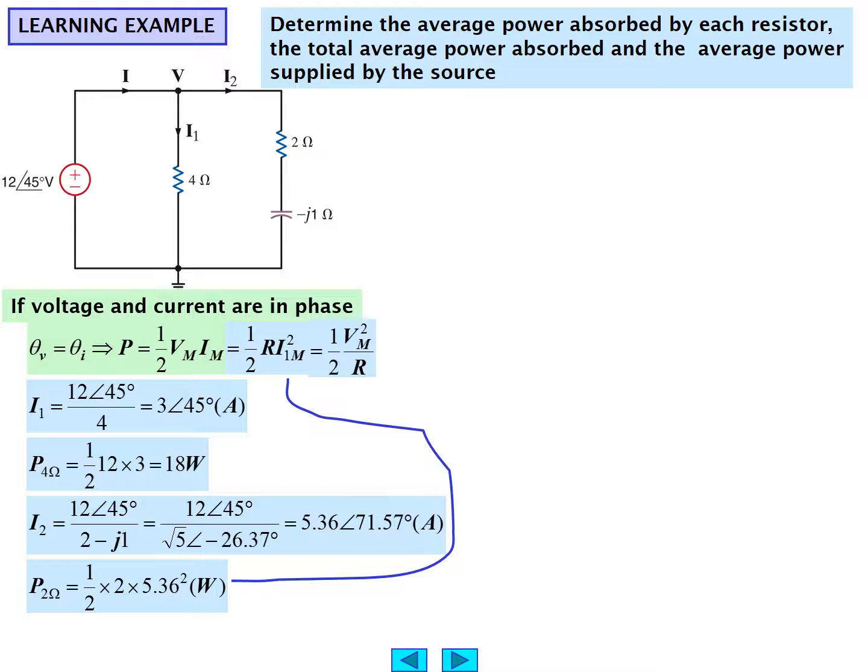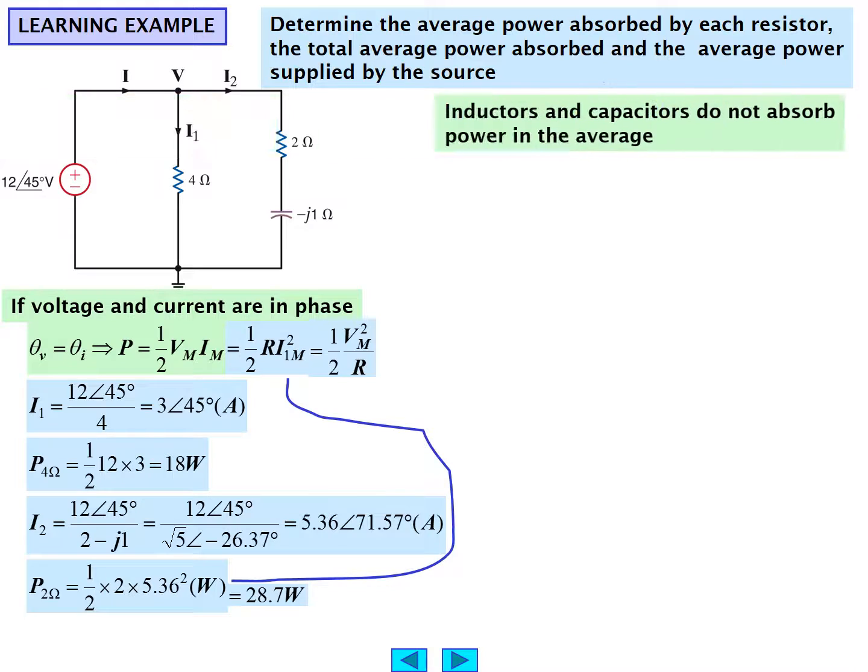Starting with the definition, we can look at just the power consumed in the resistor, and that would be the power in the 2 ohm resistor, which would be 1/2 times 2 times 5.36 squared watts, or if you will, 28.7 watts for that particular consumption. The inductors and capacitors do not absorb power on average.